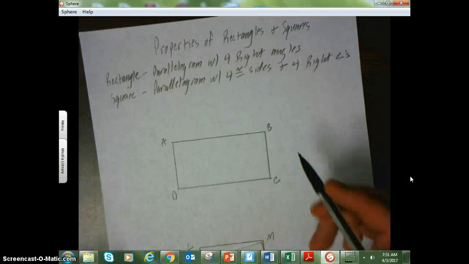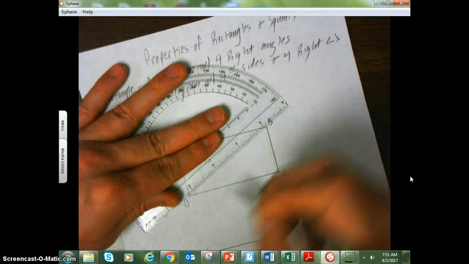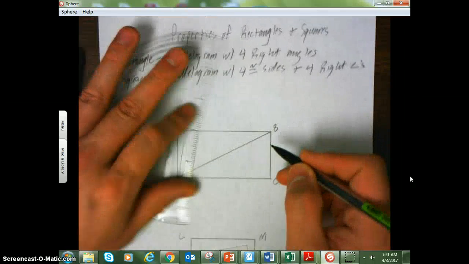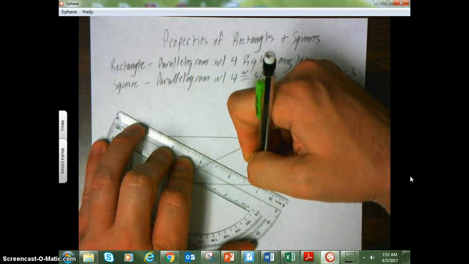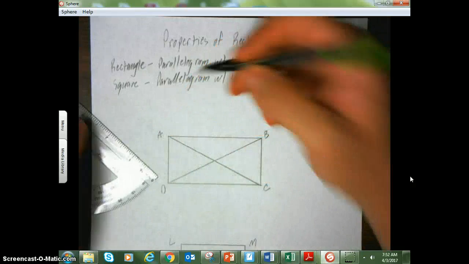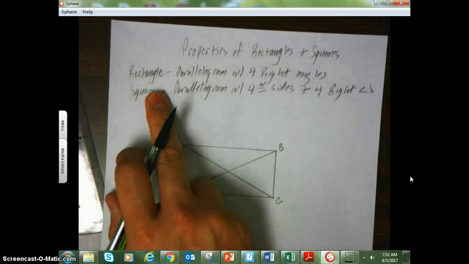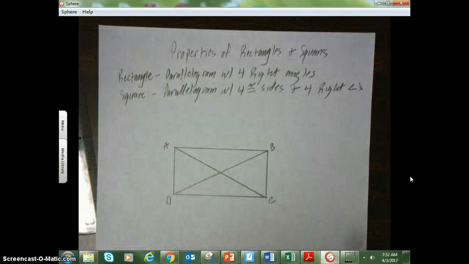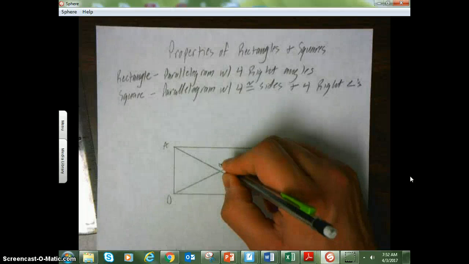Now I'm going to take my straight edge and draw in the two diagonals, AC and BD. Now, one of the characteristics that we saw about a rhombus in a previous video is that the diagonals were perpendicular to each other. Well, clearly, I don't have to measure those to say that in this case these diagonals are not perpendicular to each other.